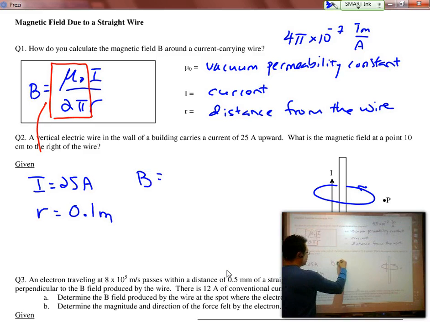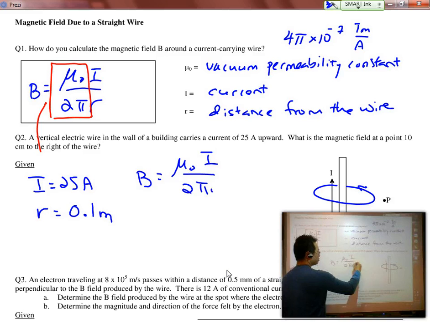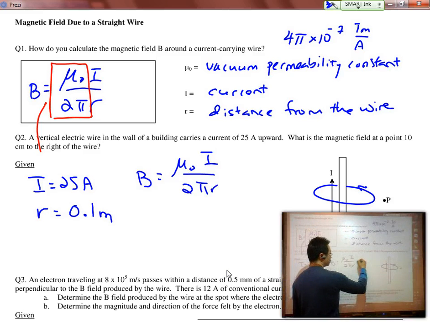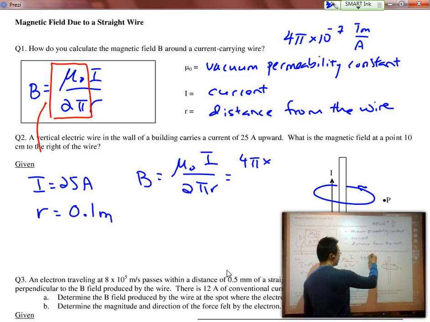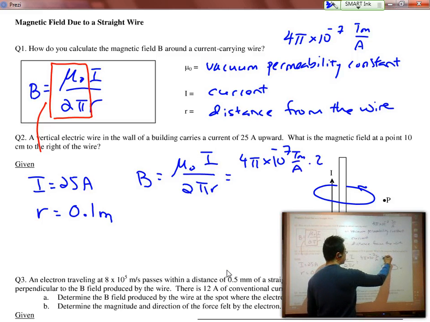So B is equal to mu naught I over 2 pi r. So that equals 4 pi times 10 to the negative 7 Tesla meters over amps times 25 amps.